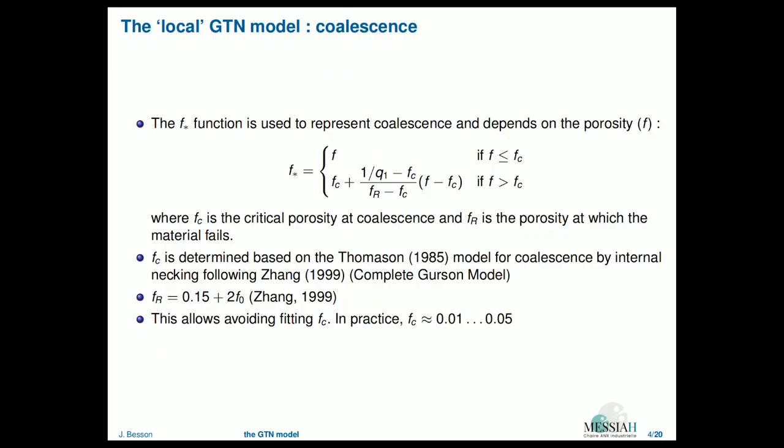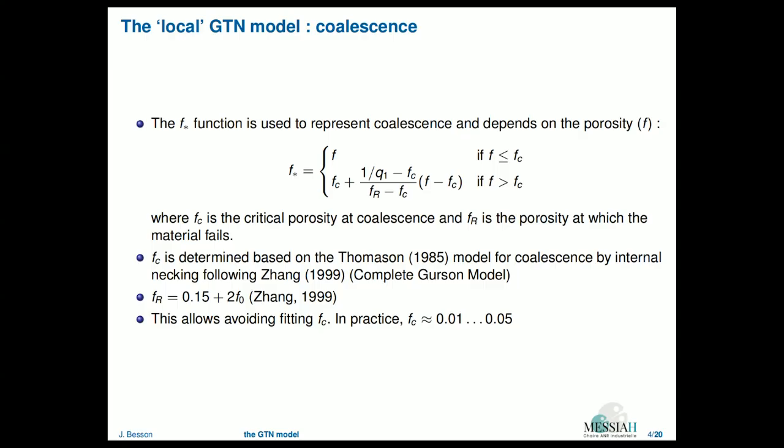An important feature of the model is also that you need to resolve the coalescence. So here's the equation that is in the original GTN model, where you introduce a critical porosity, fC. And when you reach this porosity, you enter the coalescence regime. And there's a nice alternative, which was proposed by Zhang a long time ago, 1999, which is based on the Thomason approach of coalescence by internal necking.